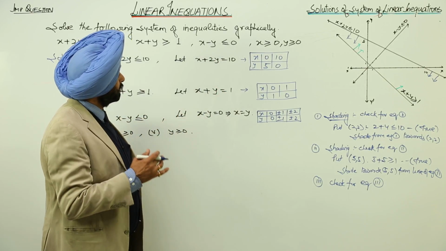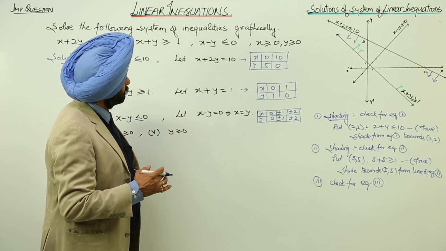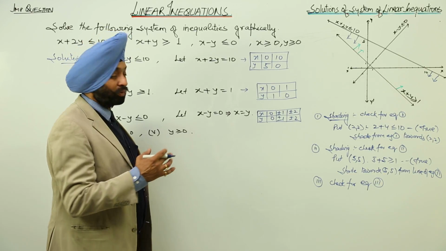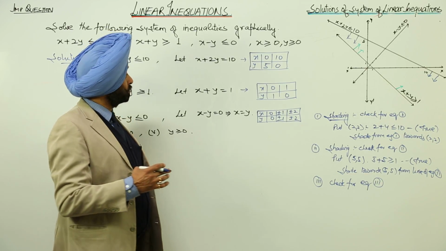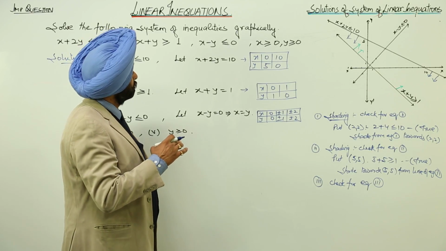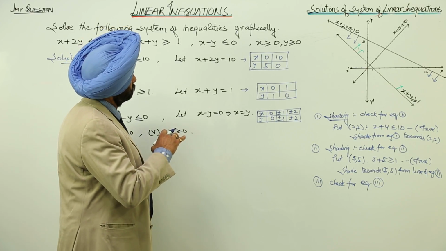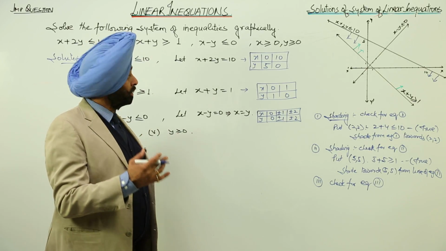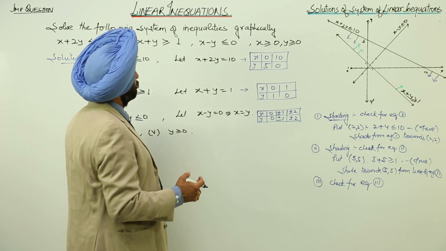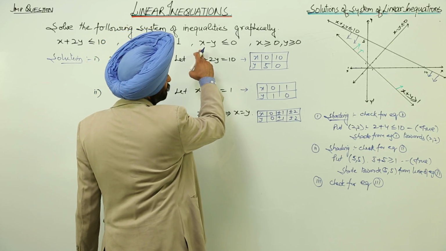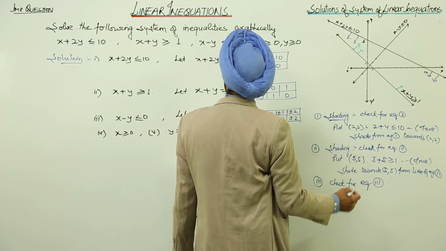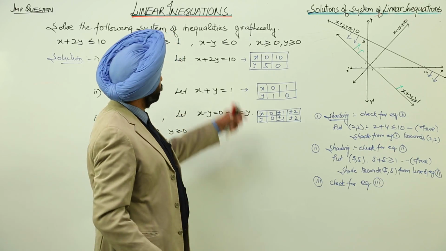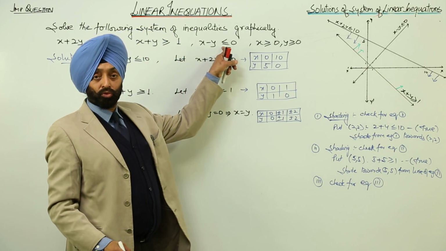So can we take here a point? We can't take 1 and 1 because 1 minus 1 becomes 0. Okay. So can we take 0 or minus 1 and 0? Let it be minus 1 and 0. Okay. You can take any point whatever you wish, but it should make this equation true.